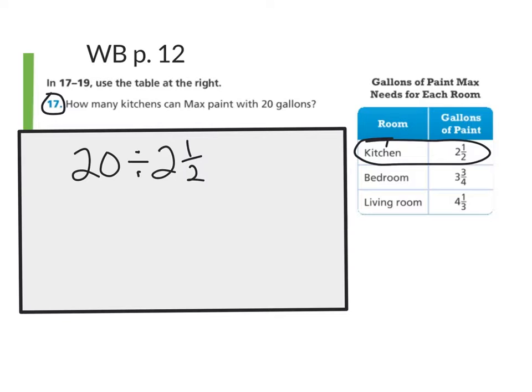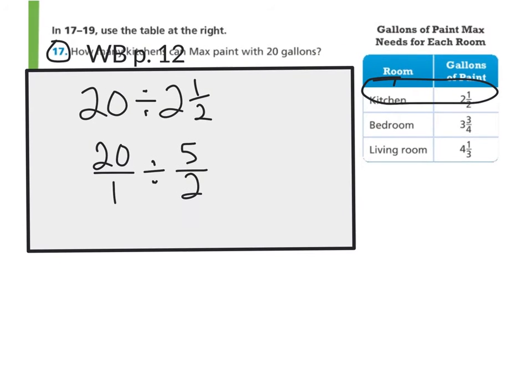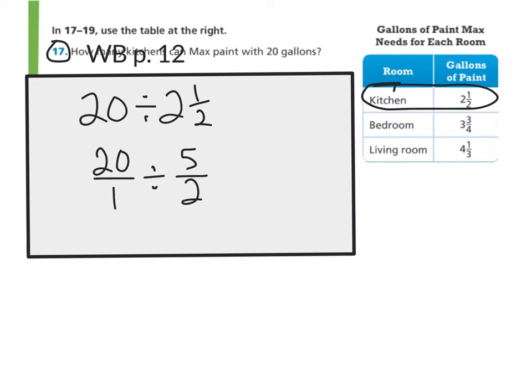So to work this out, we put the 20 over 1. The 2.5 will change to an improper fraction. 2 times 2 is 4, plus the 1 on top is 5 halves. And remember, that's a division problem still. We're going to have to change that to a multiplication problem. Keep change reciprocal. So 20 over 1 times 2/5.